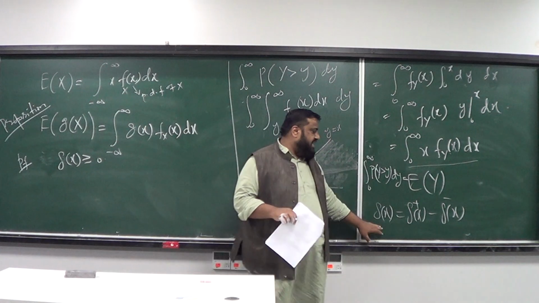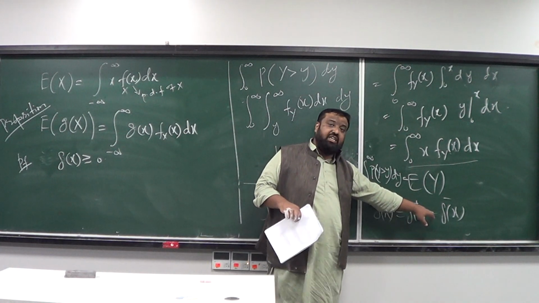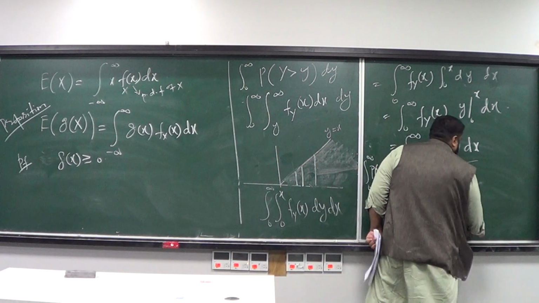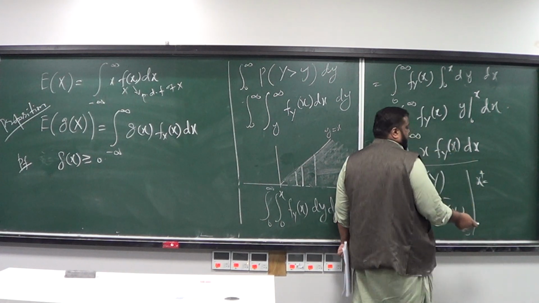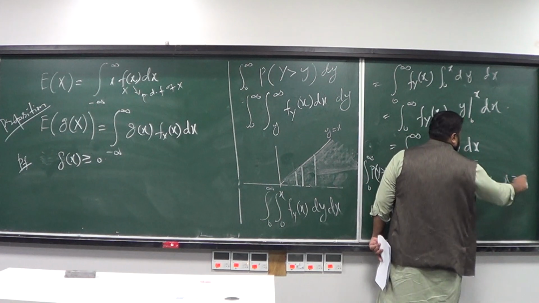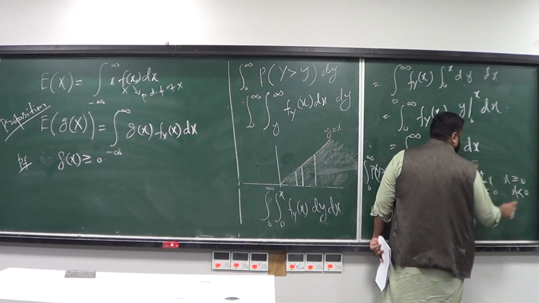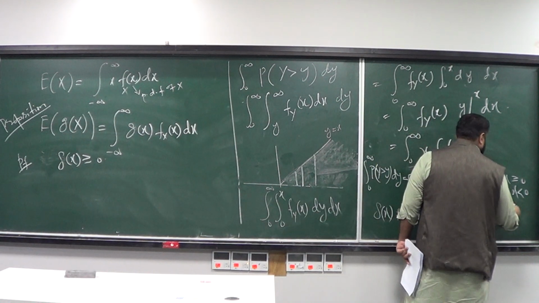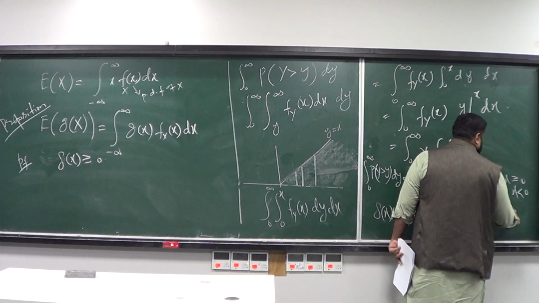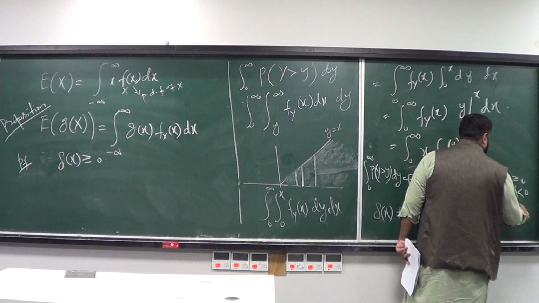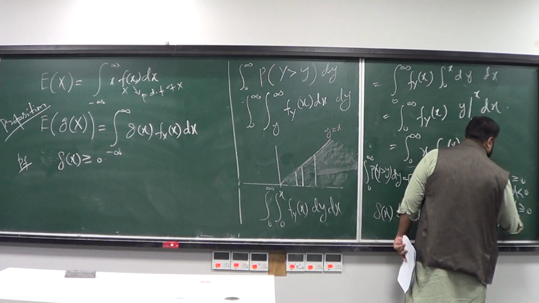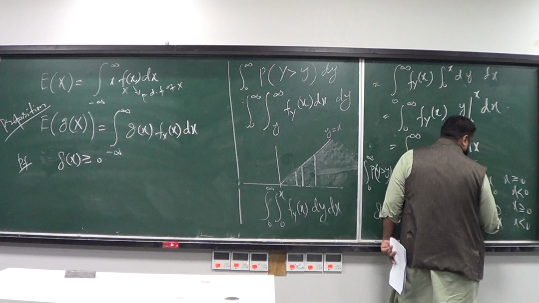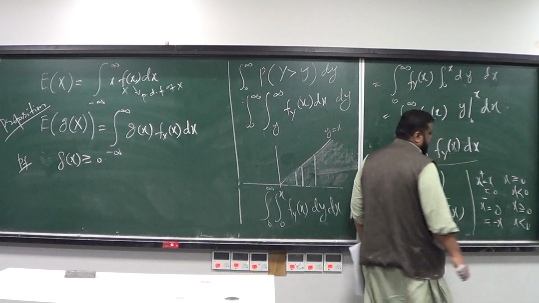Since you can write a generic function in terms of the positive part and the negative part, and both are non-negative, if you want to recall the definition of the positive part, x plus is x when x is non-negative and equal to 0 when x is negative, while x minus is 0 when x is non-negative, and it's equal to minus x when x is negative.